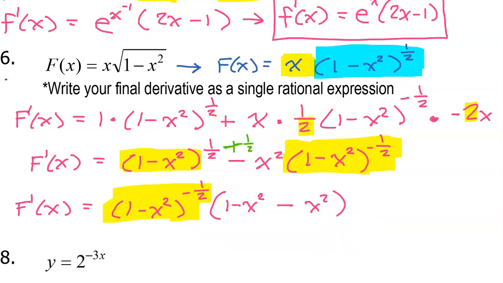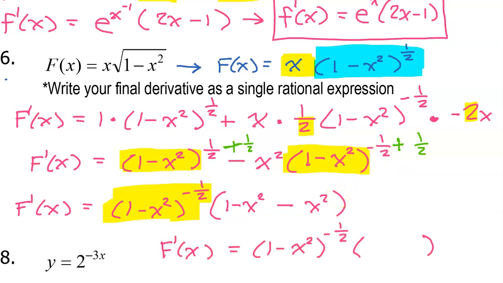Another way to look at it, if you wanted to be consistent with what I did on the first term, is, well, I'm dividing here, so I must subtract negative 1/2, which ends up being plus 1/2. But negative 1/2 plus 1/2 is 0. And if you have something raised to the 0 power, it is a 1, which you don't need to write. So that's kind of the long way to think about it.